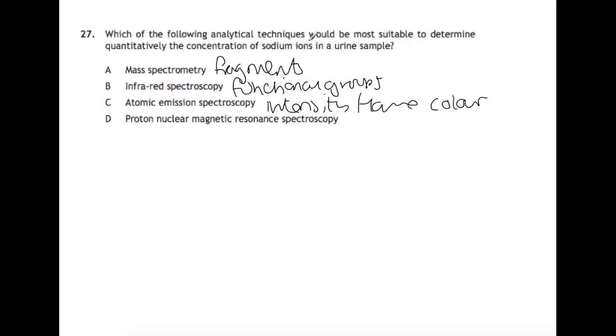So you could use this for sodium ions as it would give off a yellow light, and you could measure the intensity, which is linked to the concentration. And proton nuclear magnetic resonance spectroscopy gives us connectivity of atoms in organic molecules. So the best one to use to find the concentration of sodium ions is atomic emission spectroscopy.